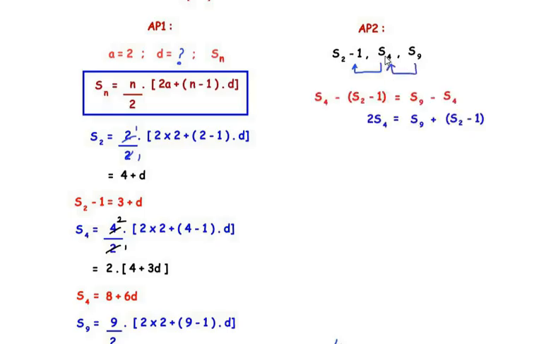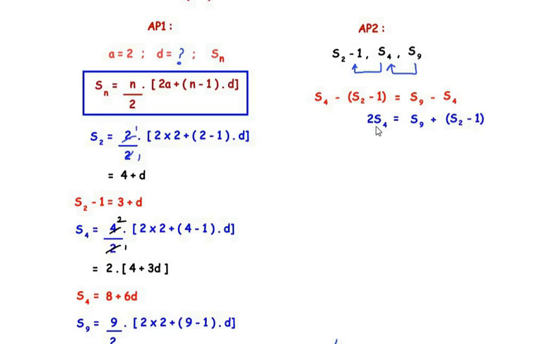So here we have written S4 minus (S2 minus 1) is equal to S9 minus S4. Now let us take the S4 terms on one side of the equal sign. So this minus S4 comes to the left hand side and gets added with S4, giving us 2 times S4 is equal to S9. Now this term is taken to the other side of the equal sign, so minus becomes plus (S2 minus 1).